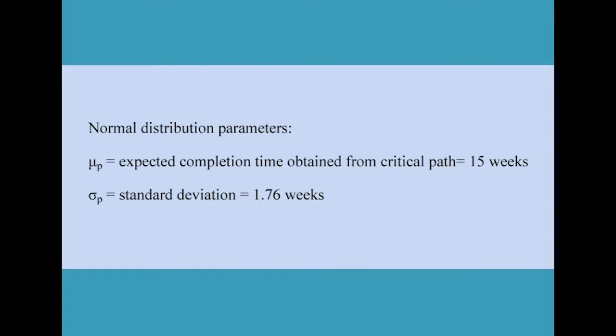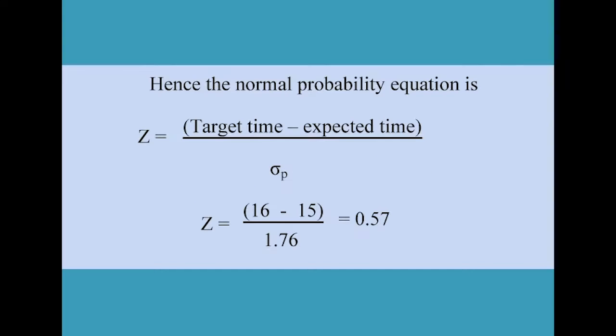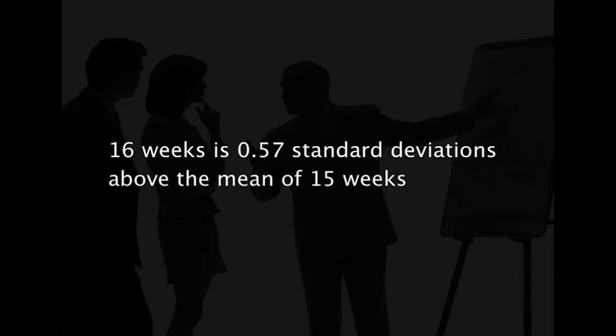The normal probability equation is obtained by calculating target time minus expected time divided by the standard deviation, that comes to 0.57 weeks.